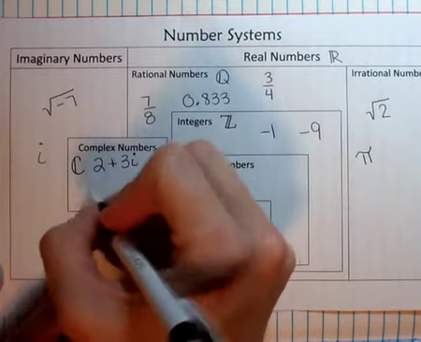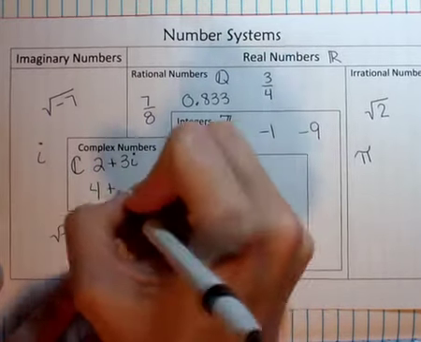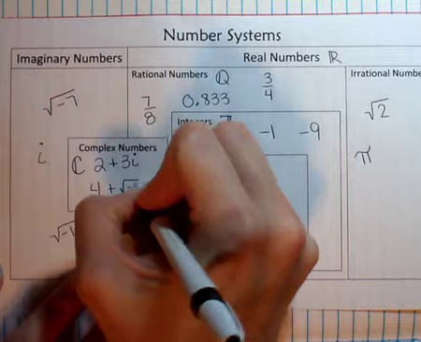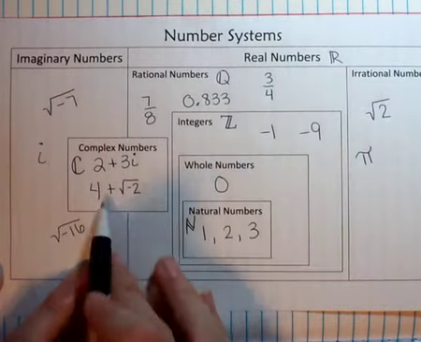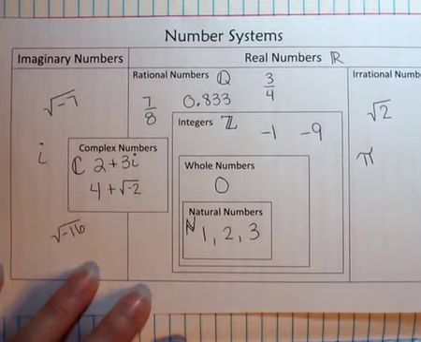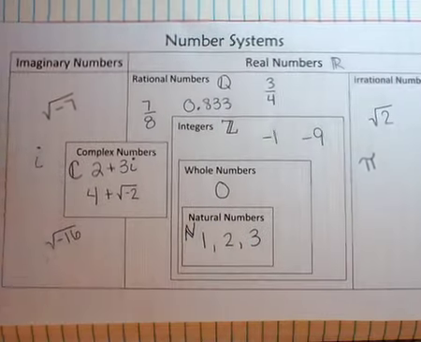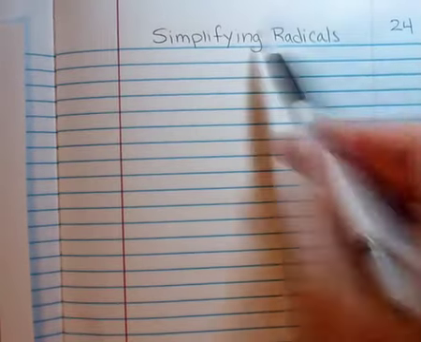Or another example would be 4 + the square root of -2. So that square root of -2 is an imaginary number, but the 4 is a real number, so it's both imaginary and real.